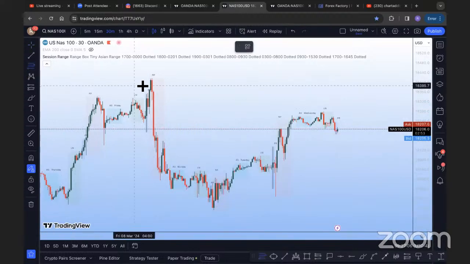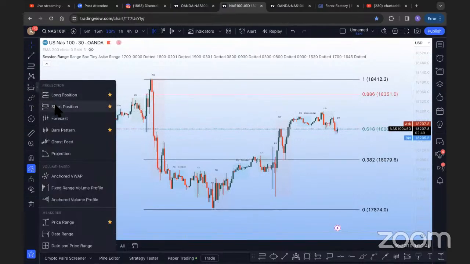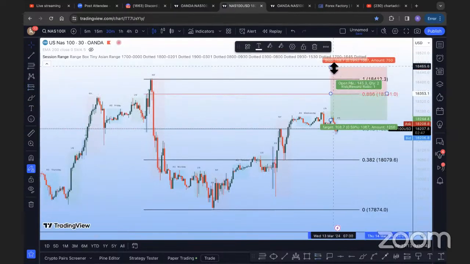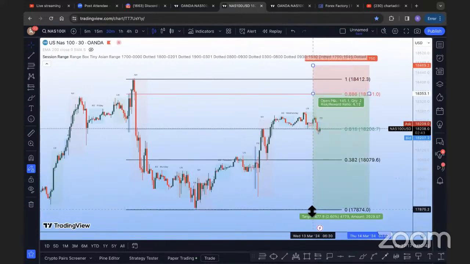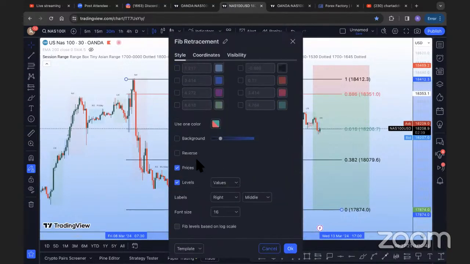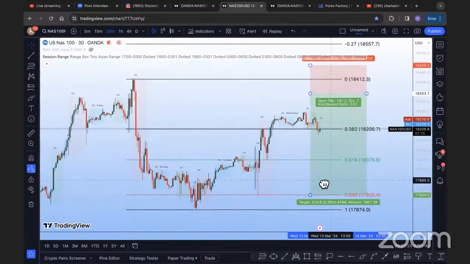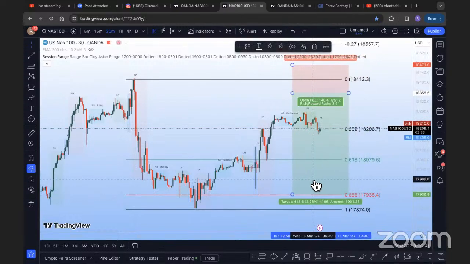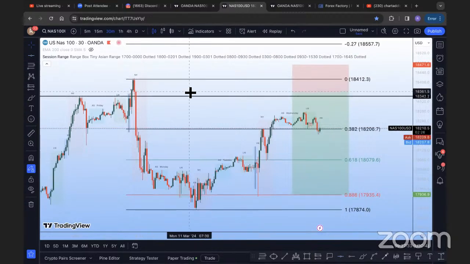How much easier can it get? Like, really? When that fib lines up with price action like that? Come on.